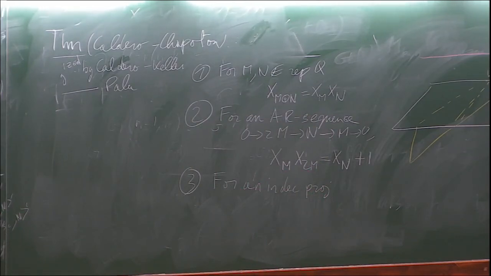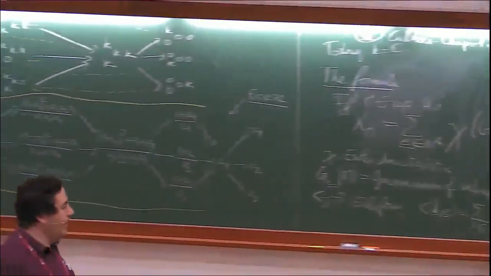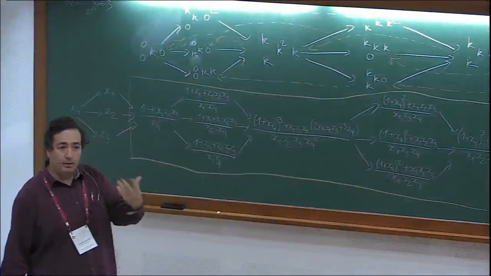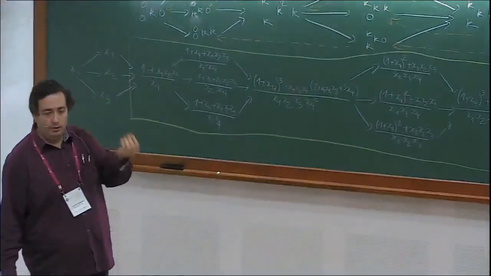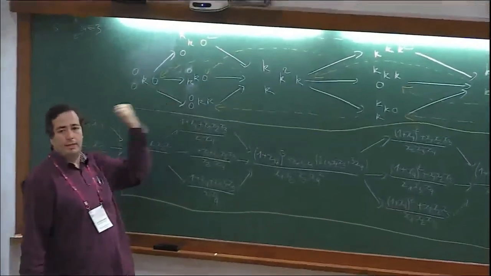So look at this correspondence here. Each AR translation, or each AR sequence, corresponds to an exchange sequence. So you can guess already that what I wrote here is the exchange sequence, right? However, unfortunately, in this context, in the cluster category, you don't have an AR sequence starting or ending at a projective.